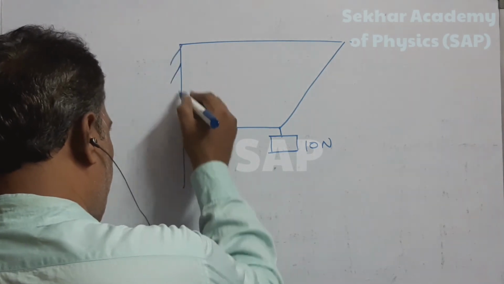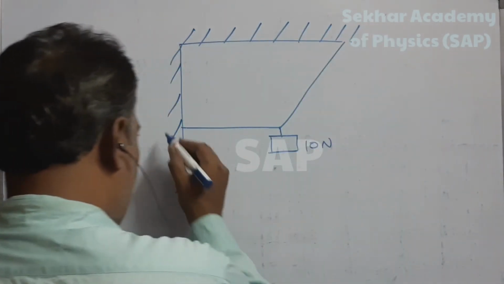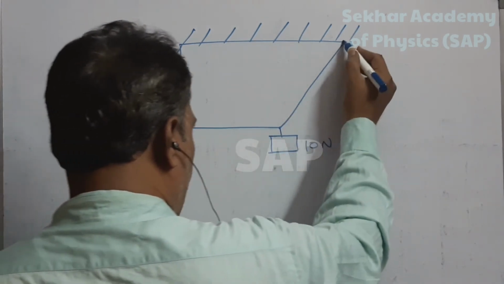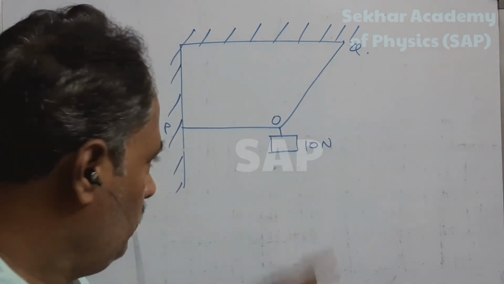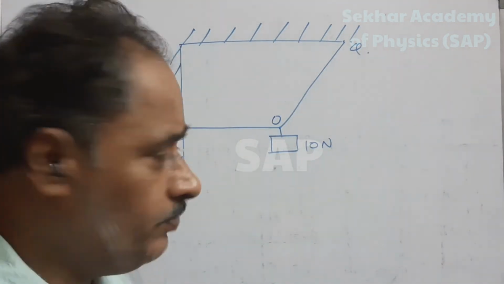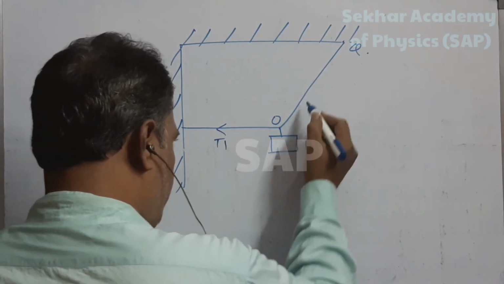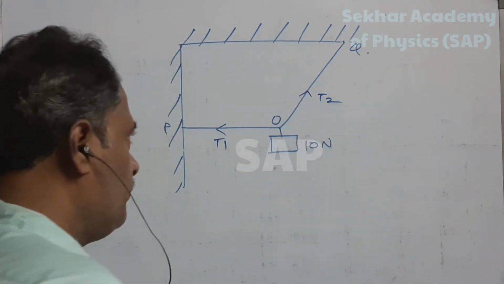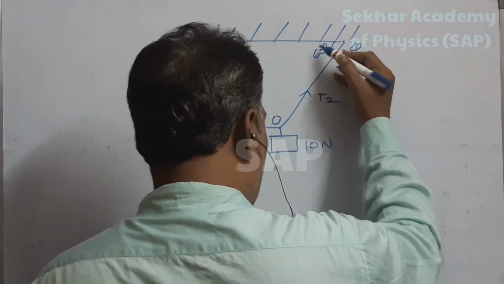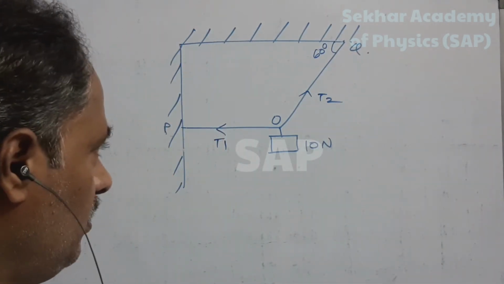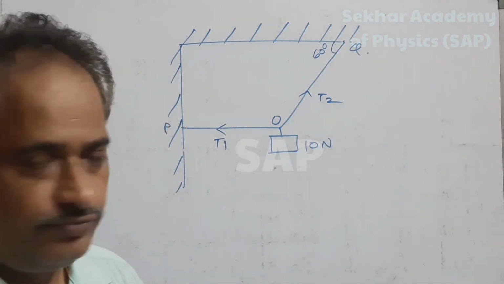Here this frame is a fixed one. I can consider these points as P, Q, and this point as O. If I want to calculate the tensions in the strings T1 and T2, this angle is, I can say, 60 degree. By using Lami's theorem, you can calculate that value.